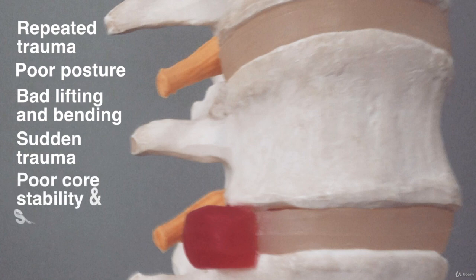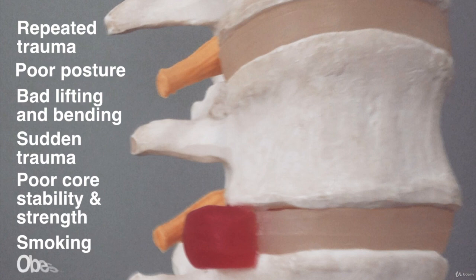Poor core stability and strength, because when we lift and bend and move, if our core isn't switching on properly, it'll put a lot of stress on our discs. Smoking's another reason, because it's believed that smoking can dry out the disc and cause damage in the long term. Obesity, especially if you're overweight around the abdominal region, can also put stress on the discs. And there are some genetic factors, but they're probably not quite as common.